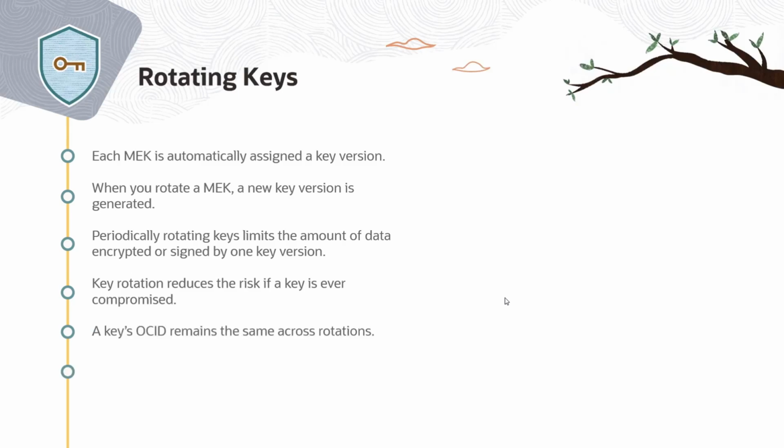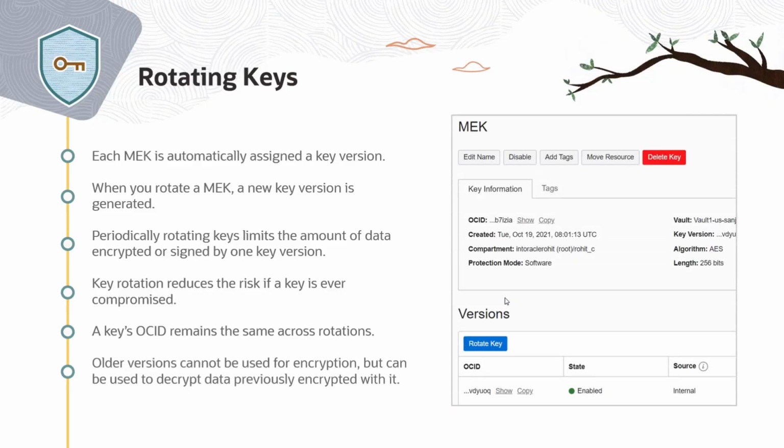Now, you might be wondering, if we rotate the key, how does the Vault service figure out decryption, for example, if encryption was done with a different key version? Behind the scenes, the key's OCID remains the same across rotations. So older versions cannot be used for encryption anymore, but they can be used to decrypt data which was previously encrypted with it. So let me quickly show this on the console, and then we'll conclude this particular lesson.